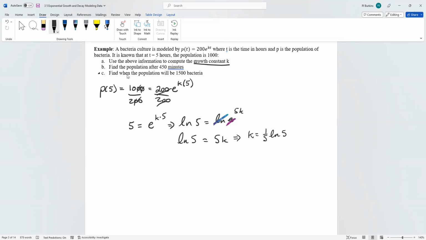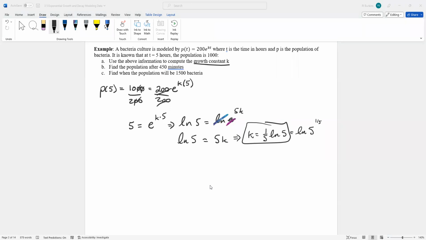Now we could leave it that way. Another thing we could do is technically, right, natural log of 5 to the 1/5 if we really wanted. I'm going to go ahead and leave it here. And then I'm even going to go as far as to get an approximation for that.